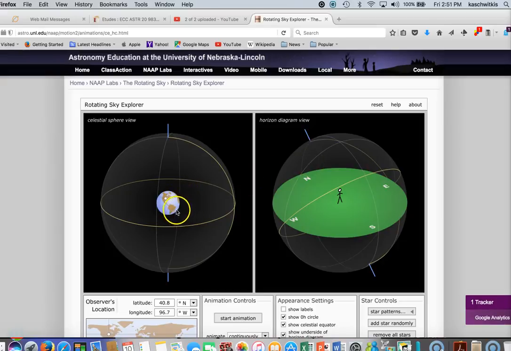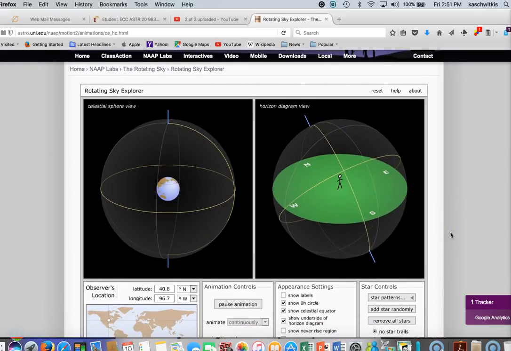So depending upon where we are, the stars move around relative to us, right? I mean, the sky doesn't move. So if we put some stars up here, then, as you know, the Earth rotates and the stars stay put.